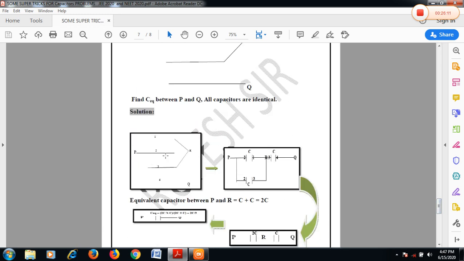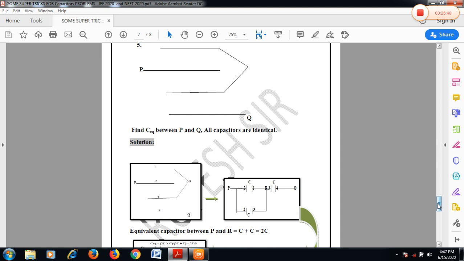Next, we are having the second capacitor which is connected across P and R, having plates 2 and 3. Have a look at this figure. 2 is connected to P and 3 is connected to R. Alright, so we are having two capacitors which are in parallel combination across P and R, and then we are having another capacitor that is connected across R and Q. How can we have that?